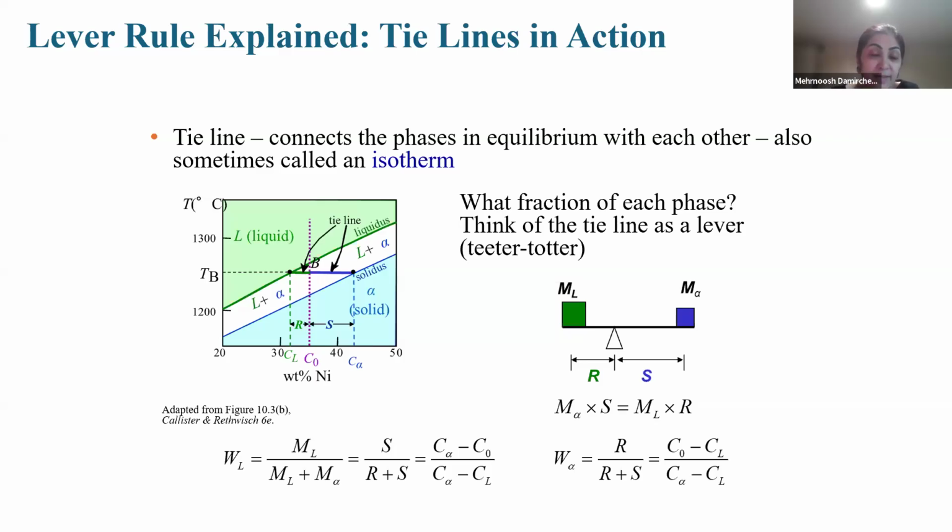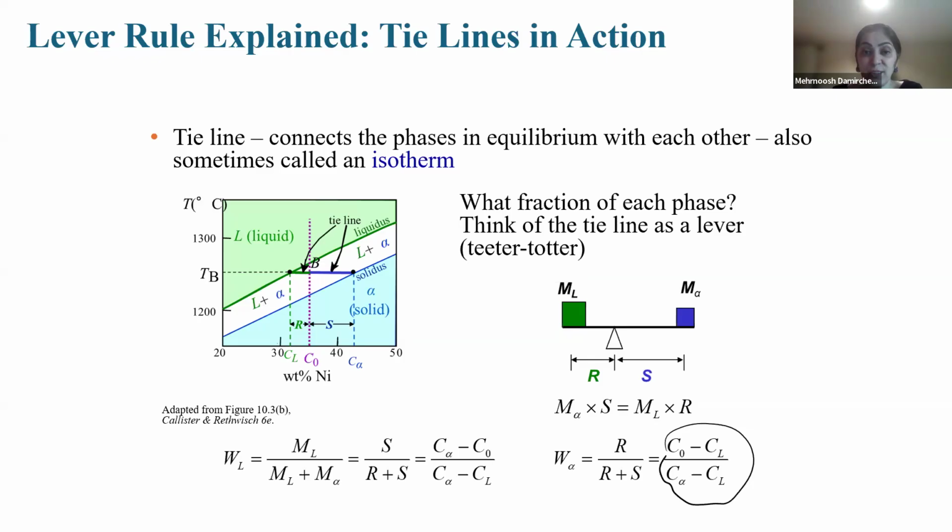We write that again, if you remember, for W alpha, the side far from alpha, it's R per R plus S. I explained how R is C naught minus CL, S is C alpha minus C naught, and R plus S is C alpha minus CL.